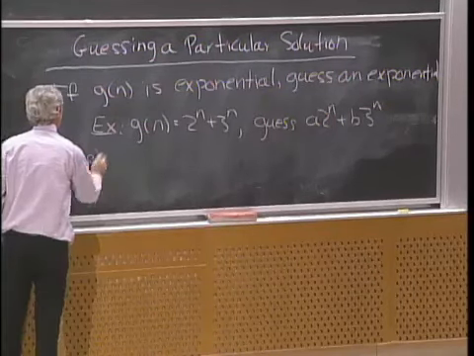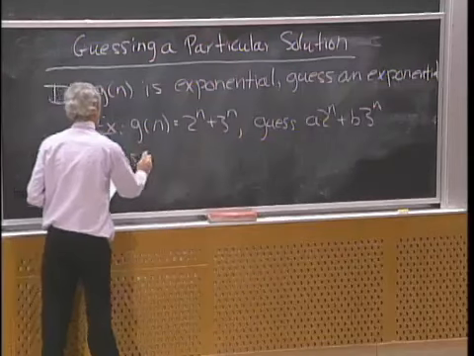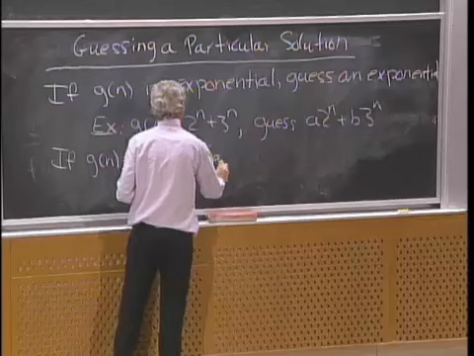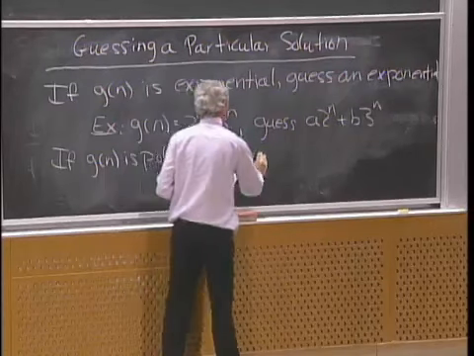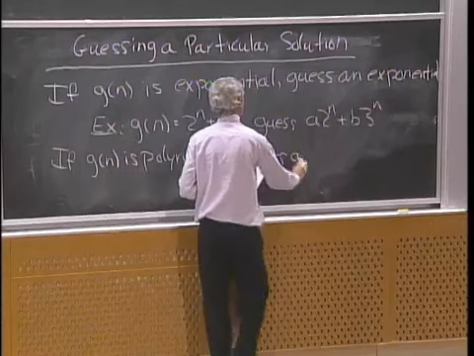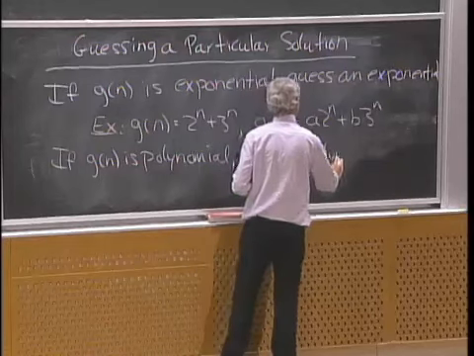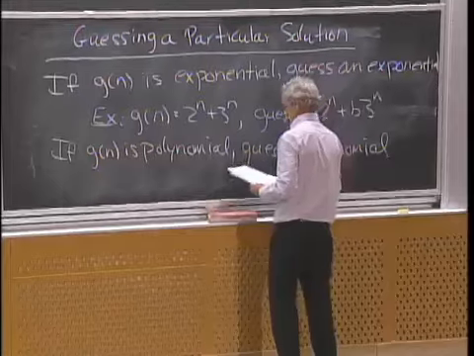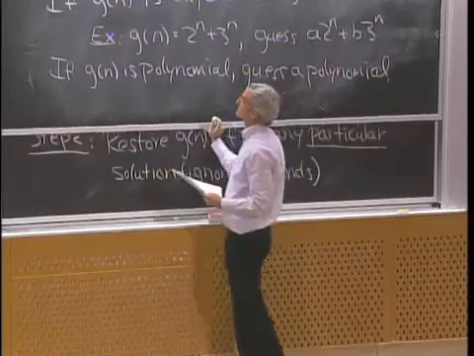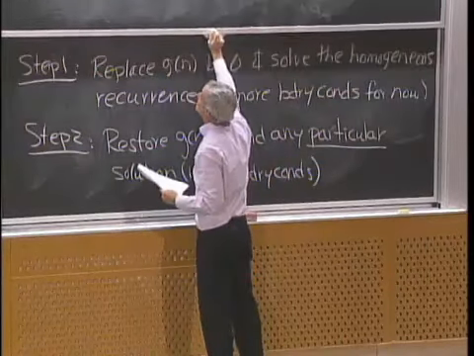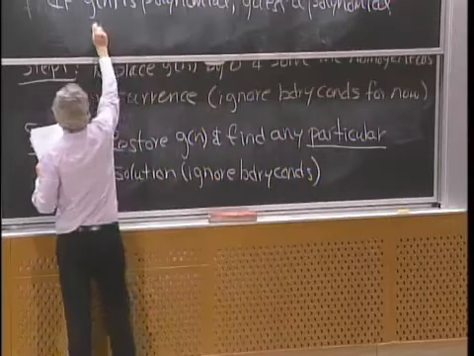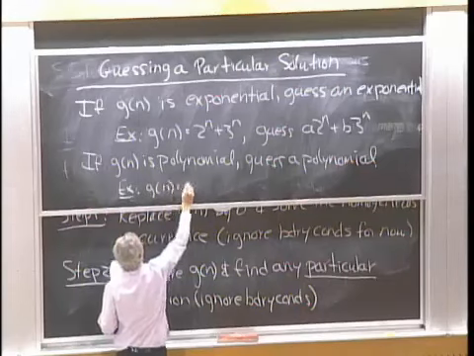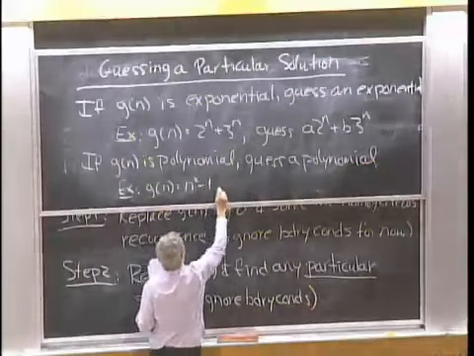If G is polynomial, you should guess a polynomial of the same degree. So for example, say G of n is n squared minus 1.